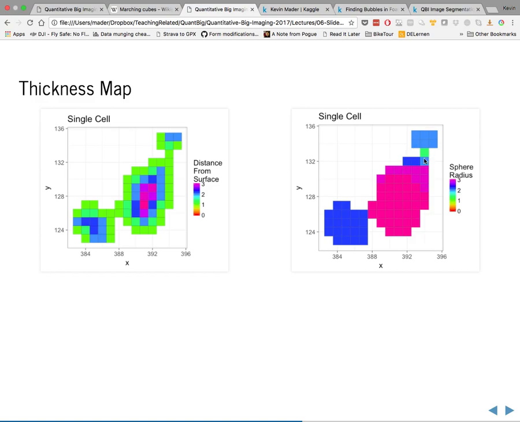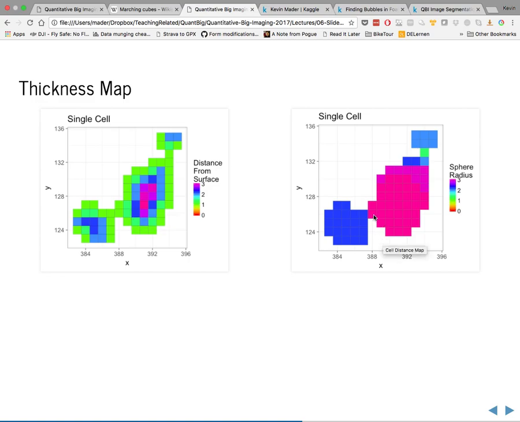Whereas this point here is 1 away from the surface, and the thickness is 1, which means that it is in fact a bottleneck, because there is no larger sphere or larger radius circle which contains that point, because it is right between these 2 objects. If you had some sort of diffusion process, it wouldn't be limited at any of these green points, but it would be very limited there.